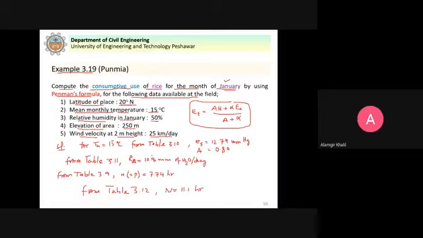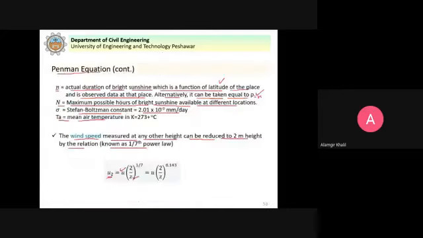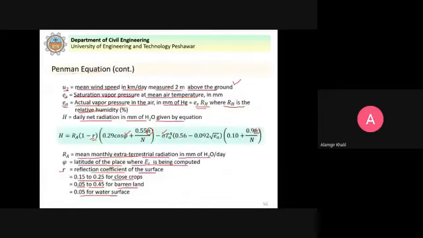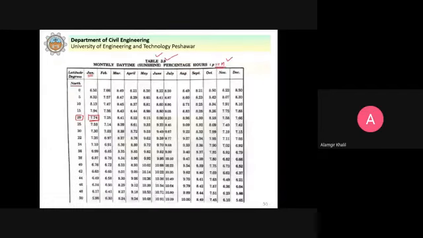So now we have taken these values from the different tables. Now what we can do is we can calculate this small n divided by capital N, because if I go back and see the formulas, you see that I need to calculate this small n by capital N. So we can calculate these ratios.